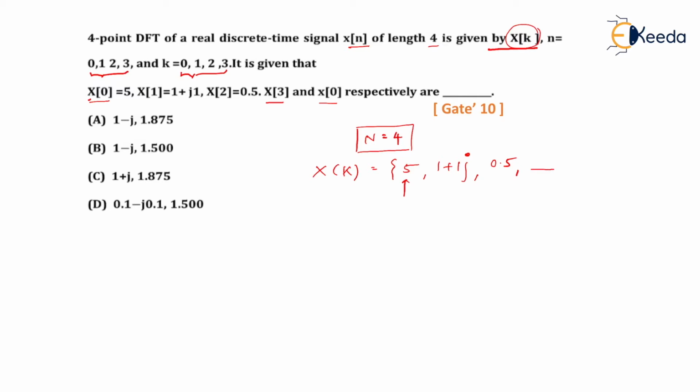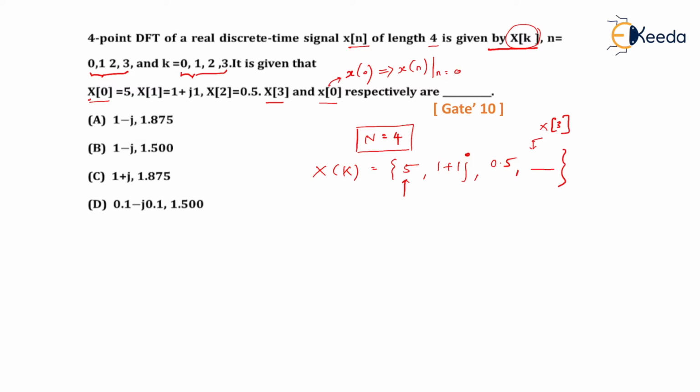Please understand, this is missing. This is called capital X of 3, and what they are actually asking you is small x of 0, which means x of n at n equal to 0. So two values they are asking you, and they have provided some options also.